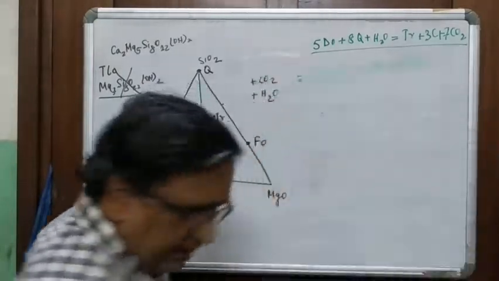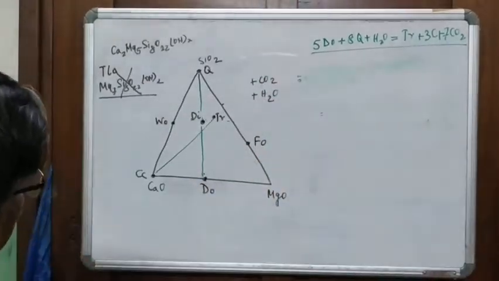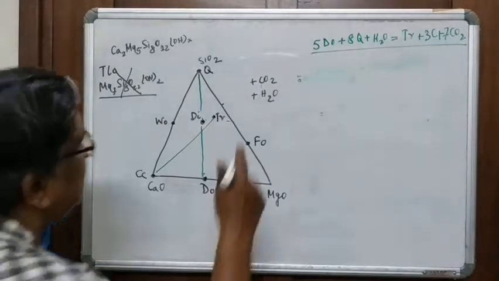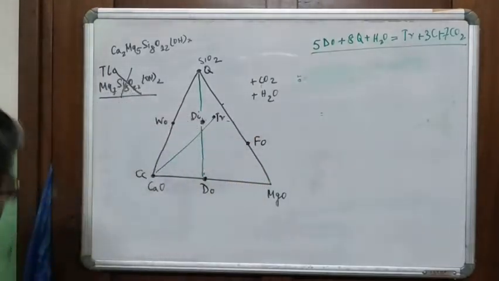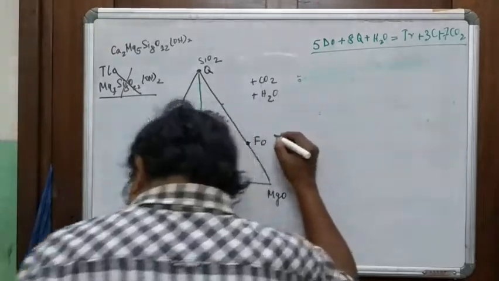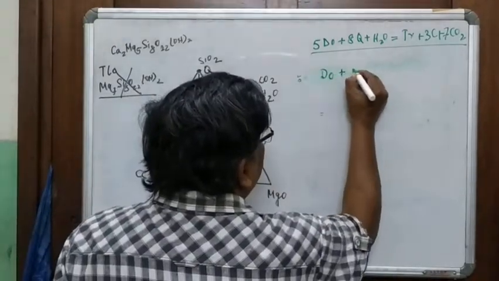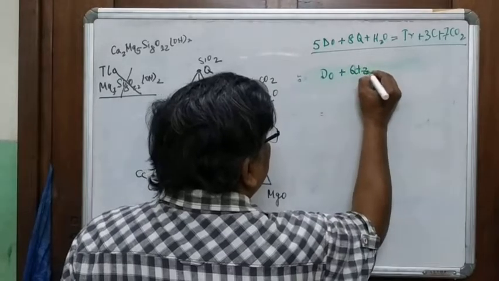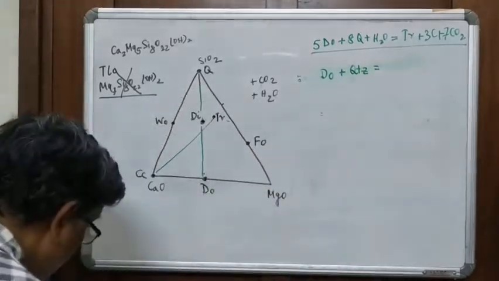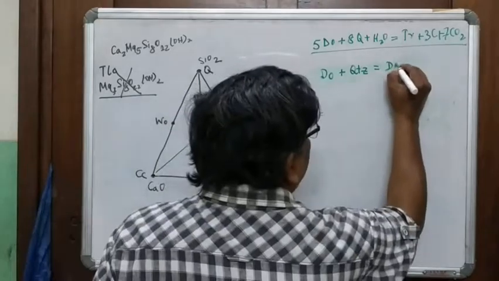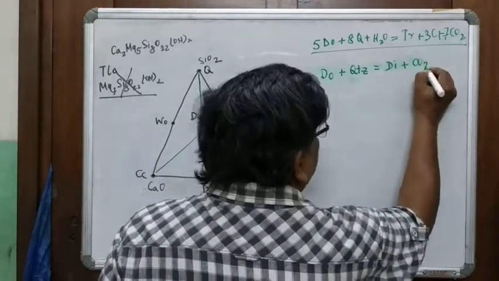And then yesterday we wrote another equation. Yes, yesterday we wrote a reaction, dolomite plus quartz is equal to diopside plus carbon dioxide.